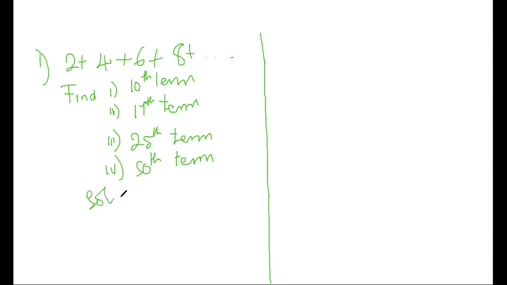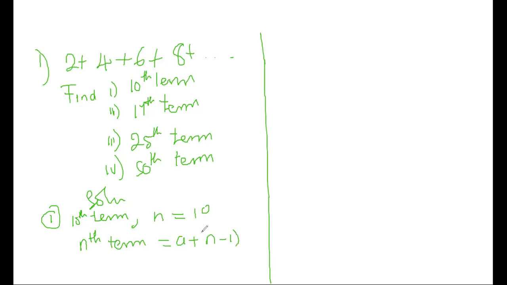So our solution, when we begin with Roman 1, we need the 10th term. This means n will be equal to 10 because we shall have n number of terms. So we get our formula, nth term is equal to A plus n minus 1 times D. So we shall say 10th term is equal to A. What will our A be?